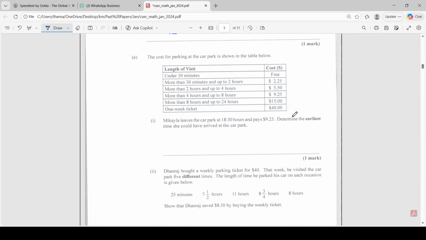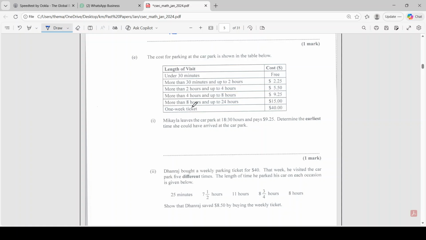Question E. The cost for parking at a car park is shown in the table below. Under 30 minutes is free, more than 30 minutes and up to 2 hours is $2.25, more than 2 hours up to 4 hours is $5.50, more than 4 and up to 8 hours is $9.25, more than 8 and up to 24 hours is $15.